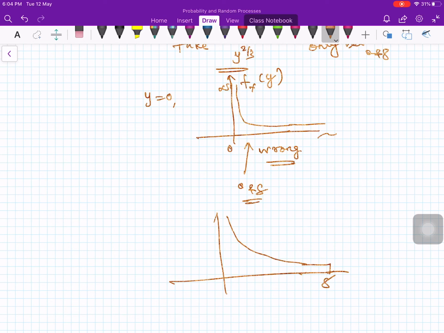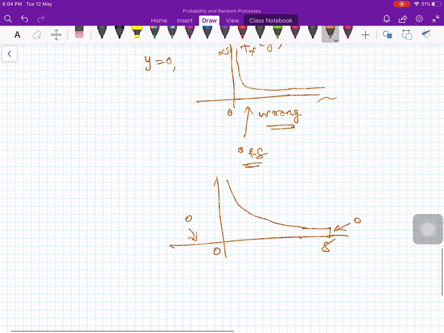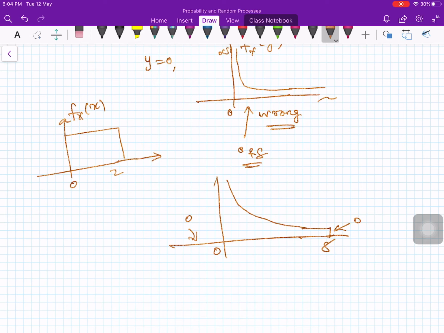Okay. So to complete the picture here, the PDF of y has a cutoff at 8, and it is 0 everywhere else. Here it is 0. The PDF is 0, and this side also the PDF is 0. So the PDF exists between 0 and 8. And one thing that we see is that the distribution of y is not uniform. Originally we started with a uniform random variable. That means all values are equally likely. This is your f_X of x, between 0 and 2.